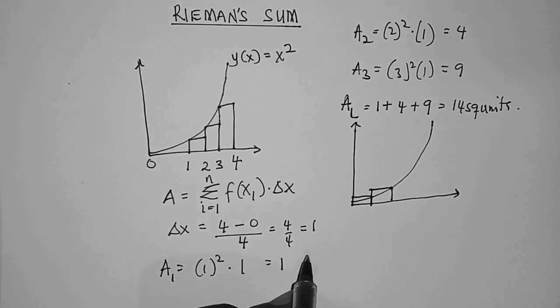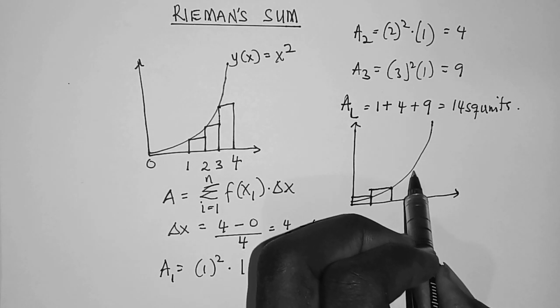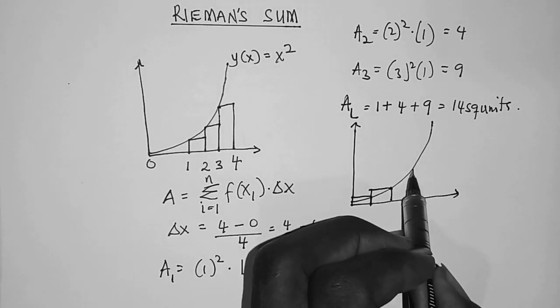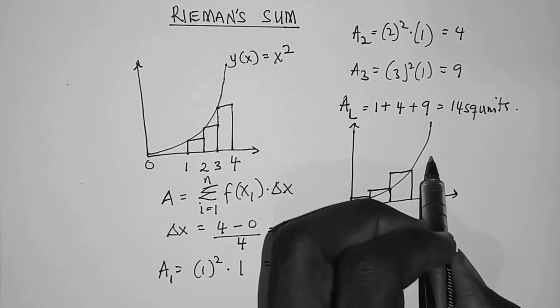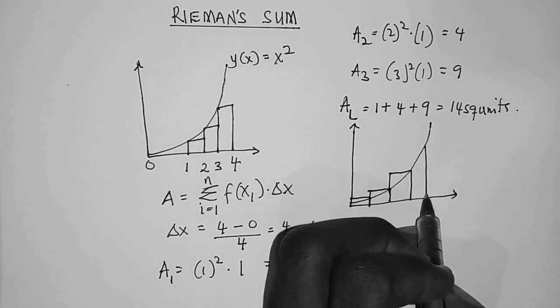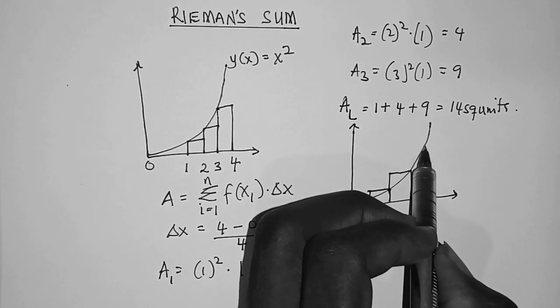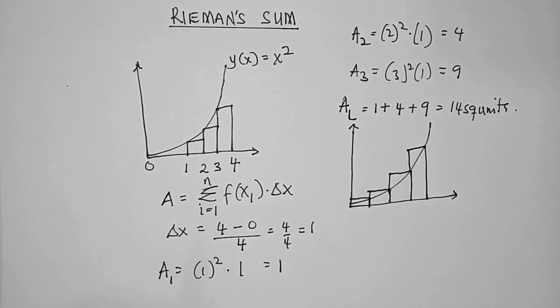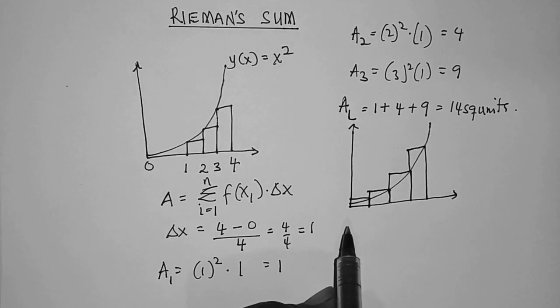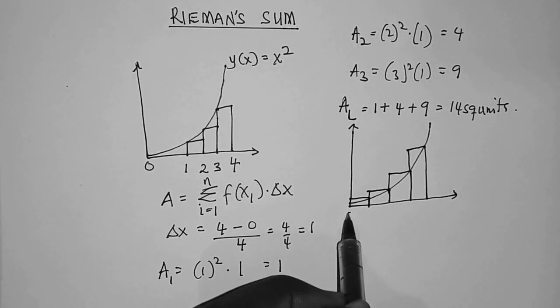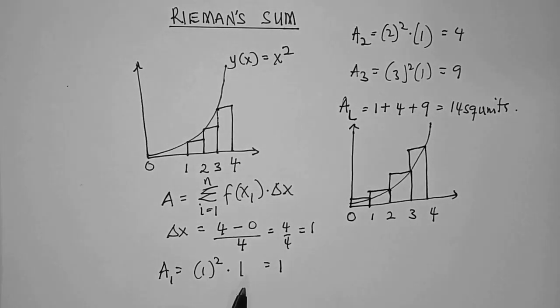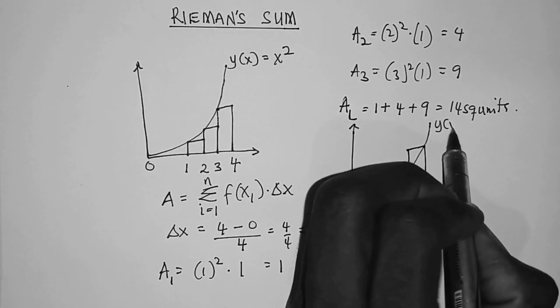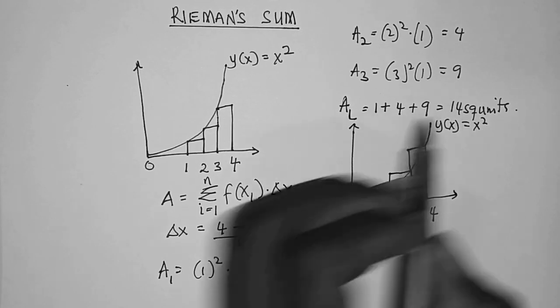Then the third one will start from here and come this way, and then the last one, the fourth rectangle. You can see that in this case, the fourth rectangle touches the curve. Now, this has not been drawn to scale. So we are starting from 0, 1, 2, 3, and then 4.